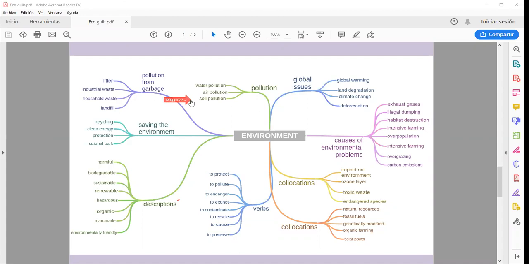Just write. We are not going to talk. What are the reasons for water pollution, air pollution, or soil pollution? Human activity. Yes, that's it.